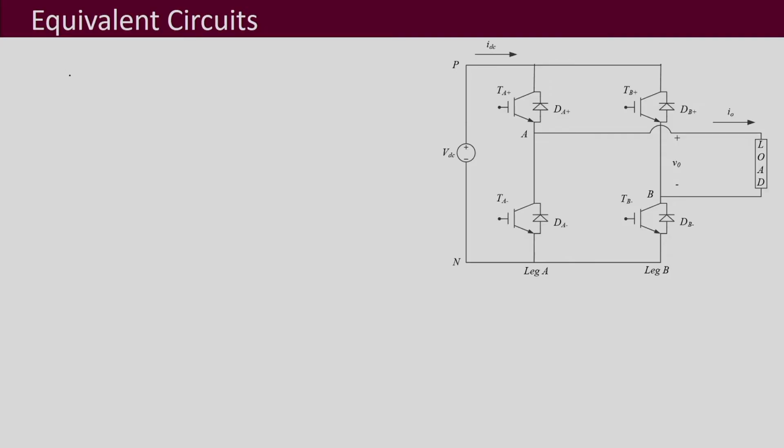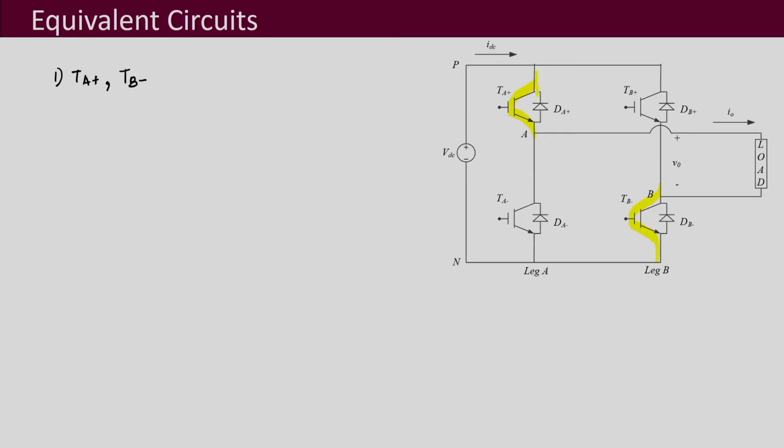So, let us take the first one, which is TA plus and TB minus, these being on together. Here, when TA plus and TB minus are on, they can be considered shorted.